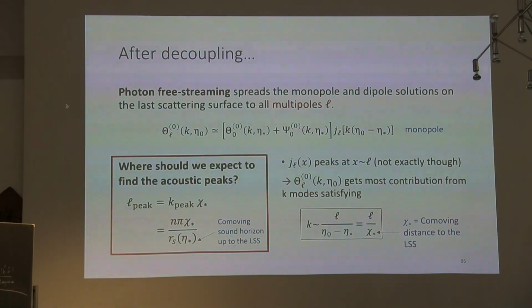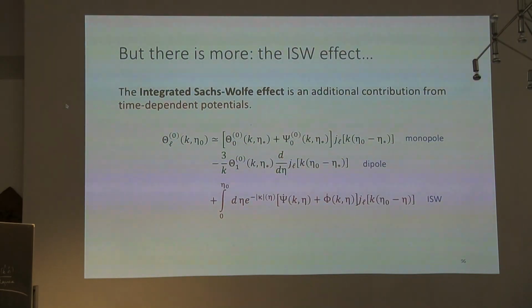As it turns out, free streaming is not the only thing that can happen to the CMB photons after decoupling. There is another thing which is actually very important, and that is called the ISW effect. ISW stands for integrated Sachs-Wolfe effect.